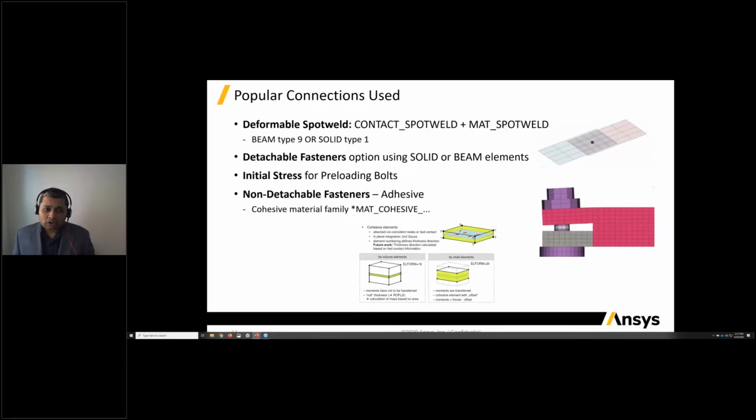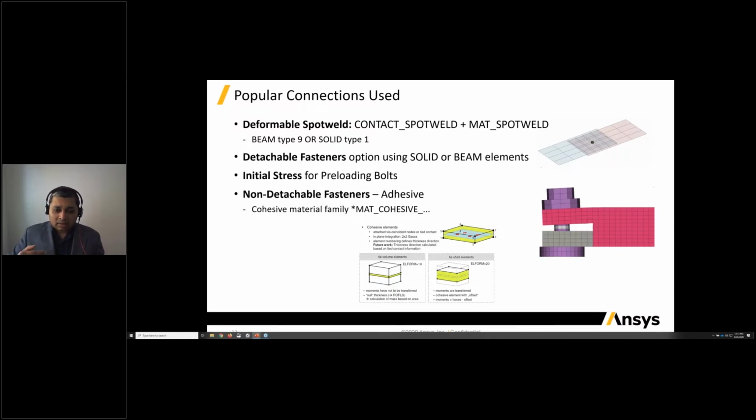Further into popular connections used, we obviously have options for deformable spot welds, whether you represent it as a beam or represent it as a solid. We do have options for detachable fasteners. Again, you can use them as solid or beam where you want the bolt joint or a connection to fail. We do have the option for initial stress of preloading the bolts numerically, and that's one picture that is being shown on the second picture on the right.